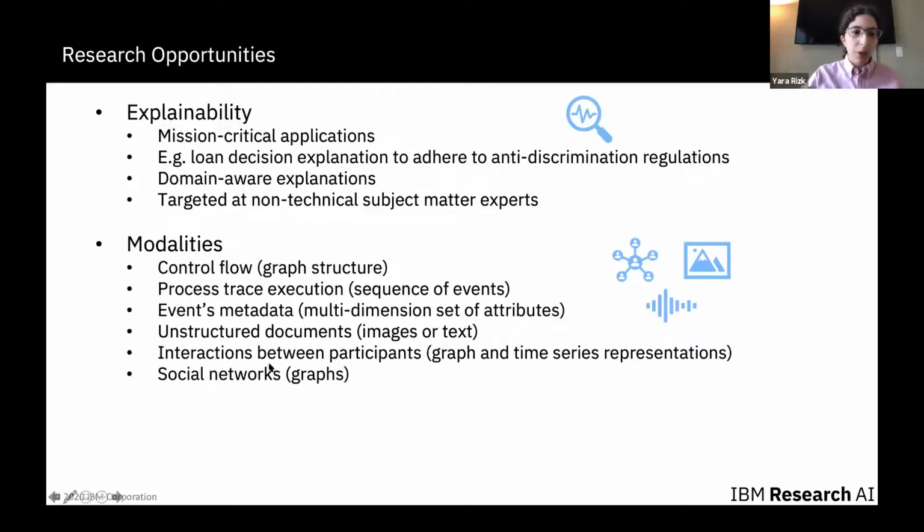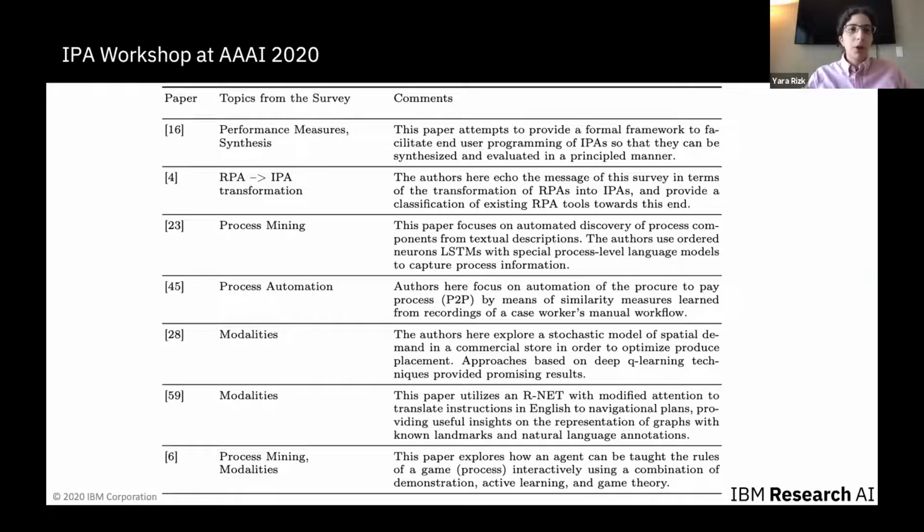Also a very important point is to look at business process automation as a new modality in machine learning, or at the very least, a multimodal problem, where we have different modalities and we need to exploit different machine learning solutions that combine all of these to maximize how much we're learning from the problem.